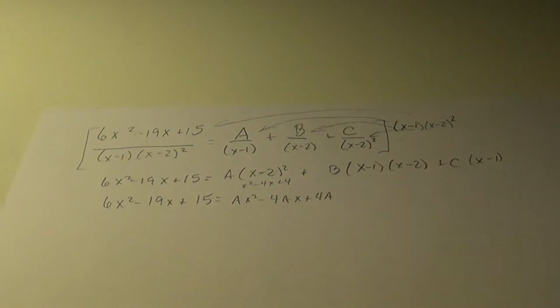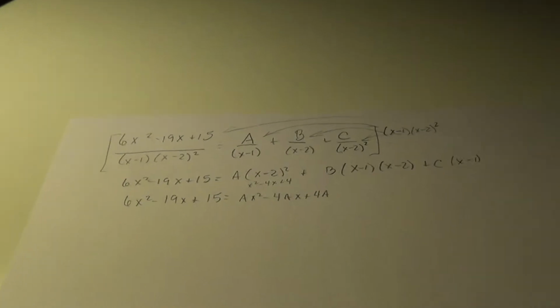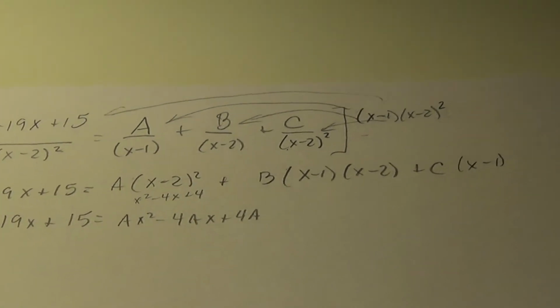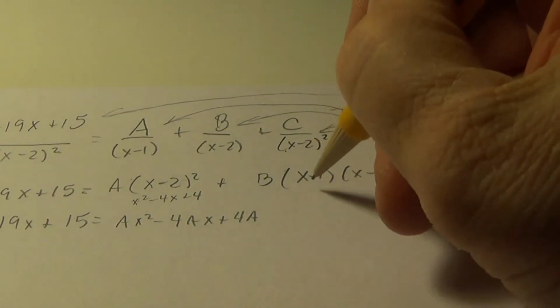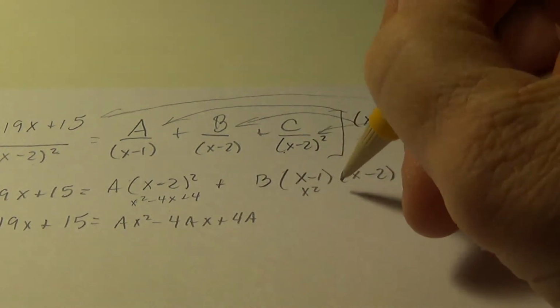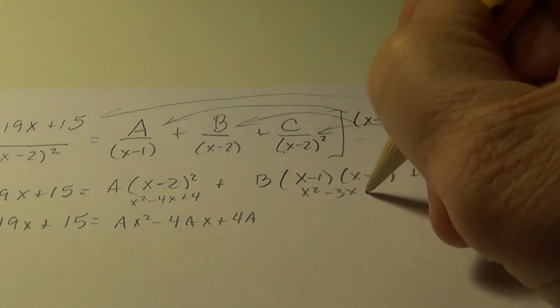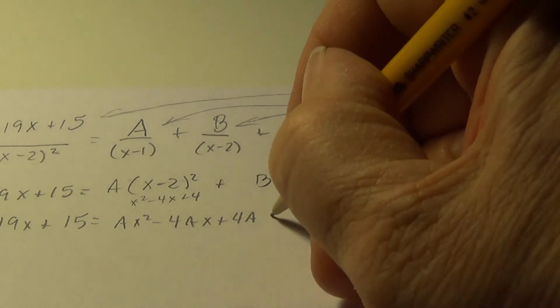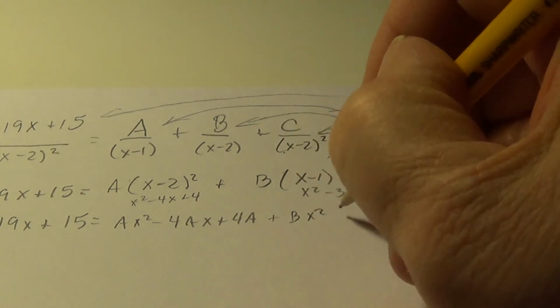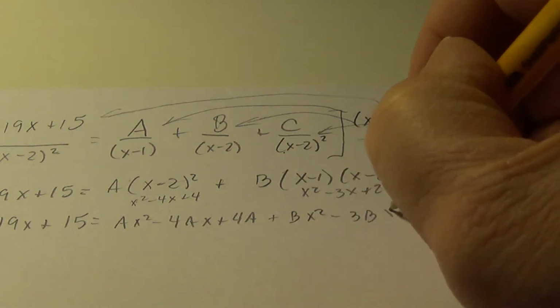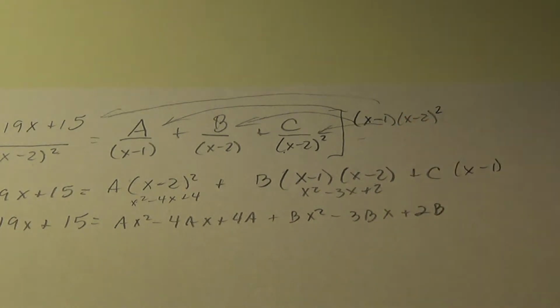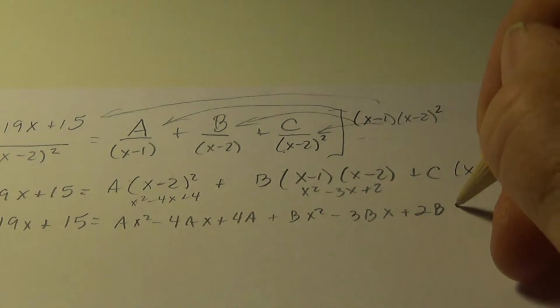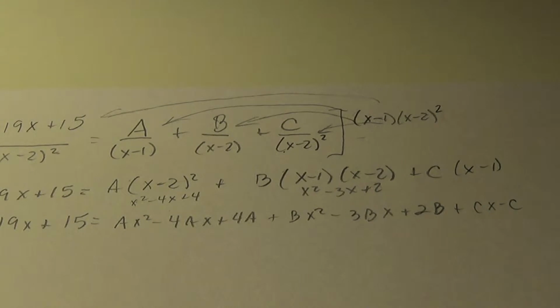Now the B, I know this times this is x squared minus 3x plus 2. So I'll distribute the B to that, combining steps. And then distribute the C, Cx minus C.